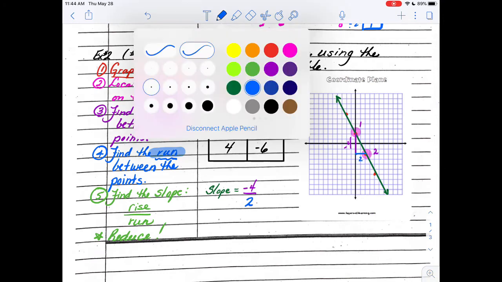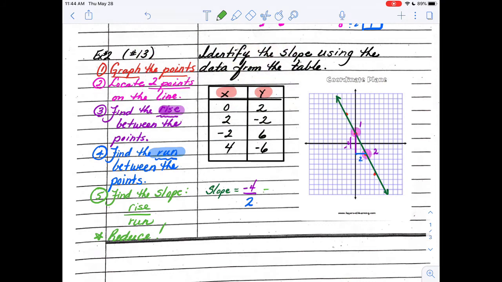Now, to find that slope, the rise over the run, we're going to reduce. Notice a negative over a positive is a negative, and we already said we knew it was going to be negative because the line's going down from left to right. And now can I reduce it? What goes into both? 2. So if I divide top and bottom by 2, I should get -2 over 1.